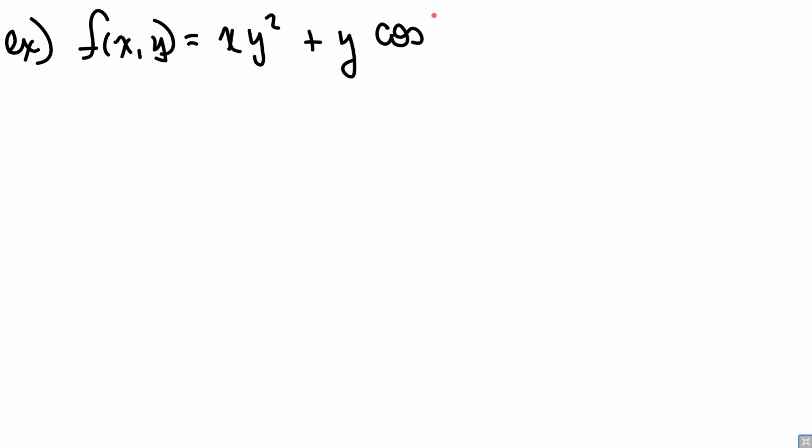Okay, so in this problem, we are told that the function f of xy is defined as x times y squared plus y times the cosine of x minus 1. And the point p sub 0 is defined as 1, 2.